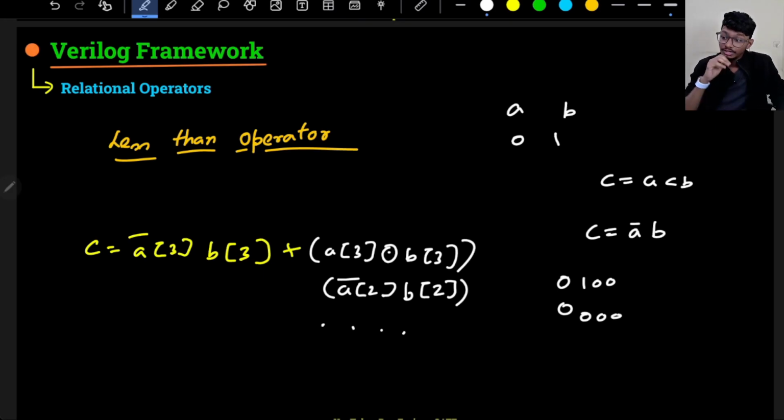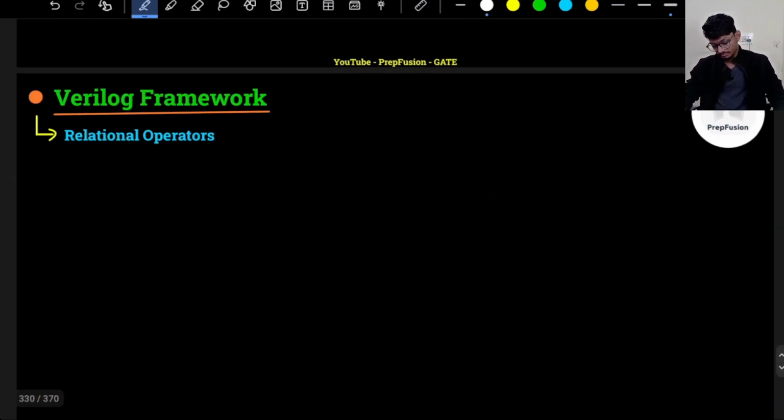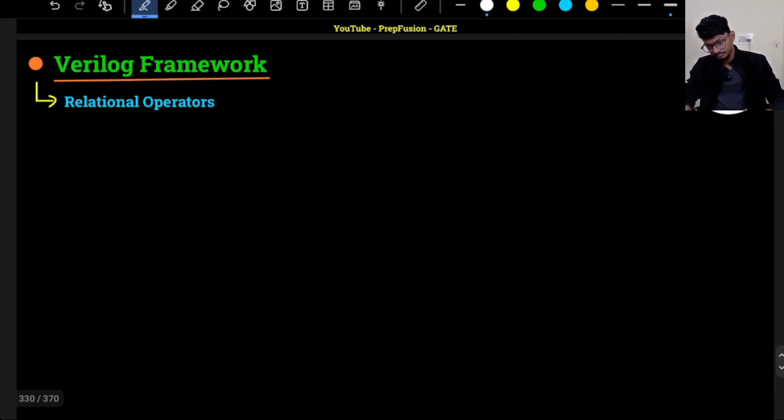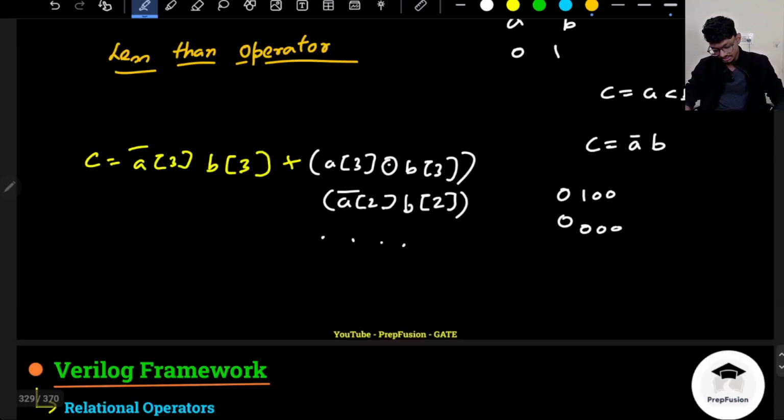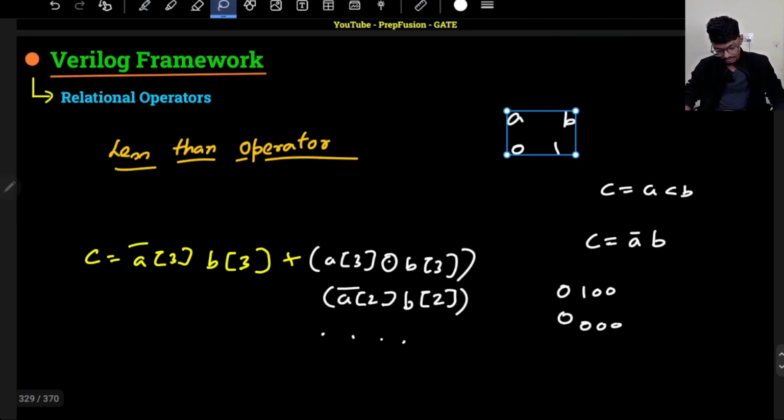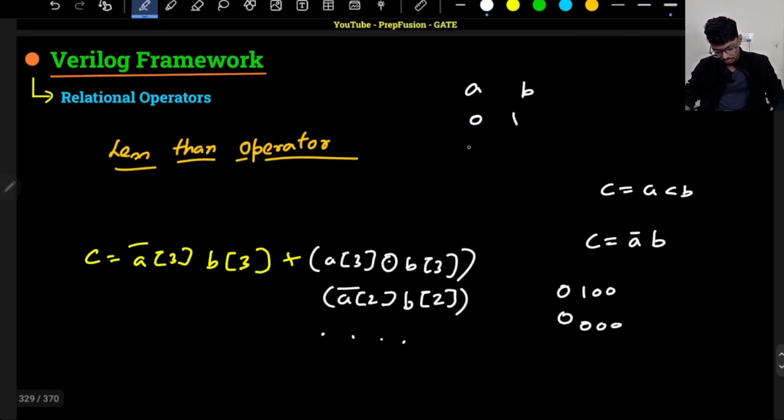Now what about the greater than or equals to operator? If I have greater than or equals to, what about this? Okay, so for greater than equals to, just one additional thing will be there. So basically what I am doing currently is just making a Boolean expression.